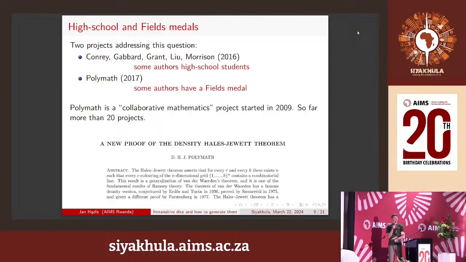People collaborate on something like a Wikipedia platform, or on a blog platform, and then they write up a paper, and when the paper is finished, they don't put their own names on it, they just say it's a paper by Polymath, and they publish it like that. Actually, I'm not sure it's been so successful recently, but at least a few times this has been tried, and there were very strong papers that came out of this project.